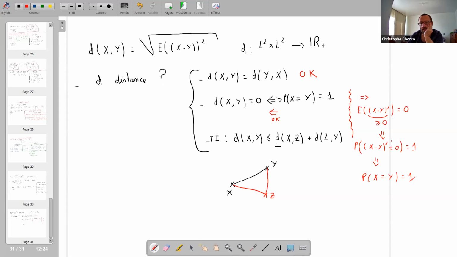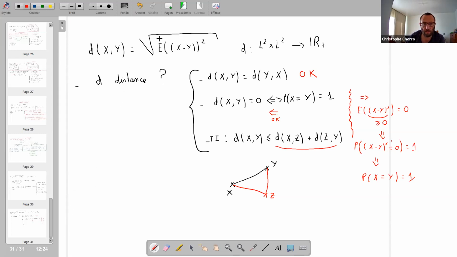Here you have what I have in red, and in black this one, and the distance between x and y will be shorter than to pass through another point. So why do I have this in this particular situation?